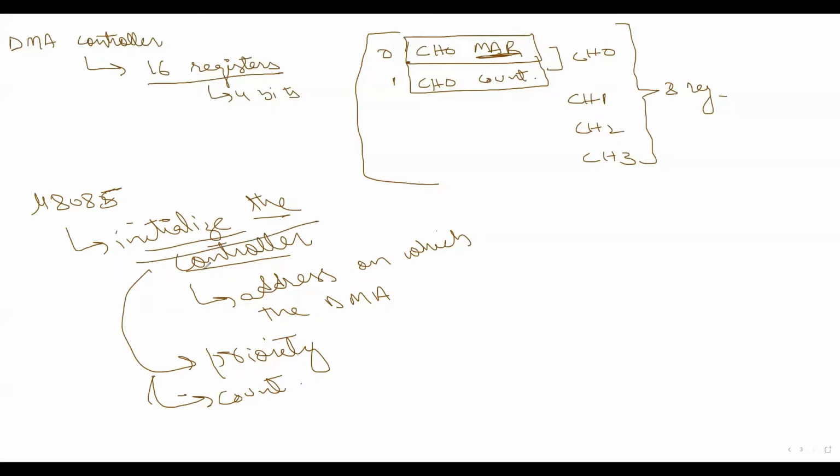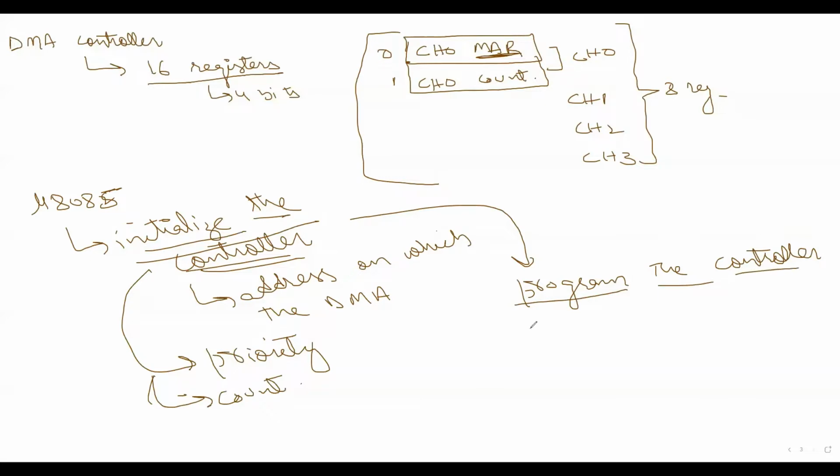So initialization means that we have to program the controller: we program what it is allowed to do, and where it can perform the operation. That is why the name is Programmable DMA controller. But the programming of this controller, we won't discuss in this particular lecture.